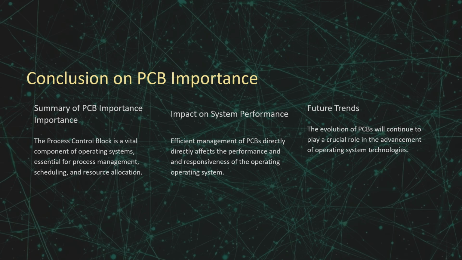Efficient management of the PCB directly affects the performance and responsiveness of the operating system. Future trends. The evolution of the PCB will continue to play a crucial role in the advancement of operating system technology.